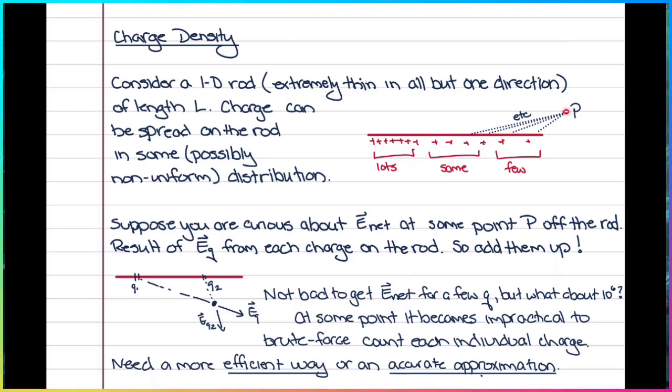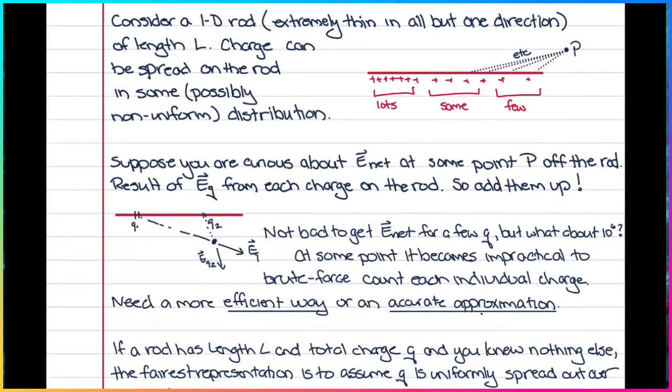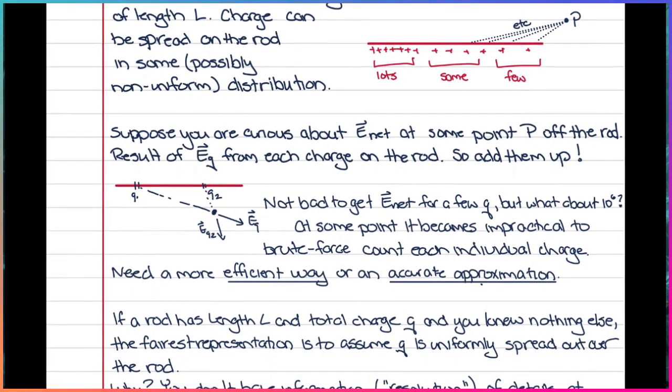So if there were only a couple charges, of course, I could calculate the E field from this one, and then this one, and this one, this one, and then add up all the vectors. But that, of course, gets ridiculous as you get to more and more of these things. So at some point, again, it becomes impractical to do the brute force discrete way of doing it individually and adding them all up. We need some other method.